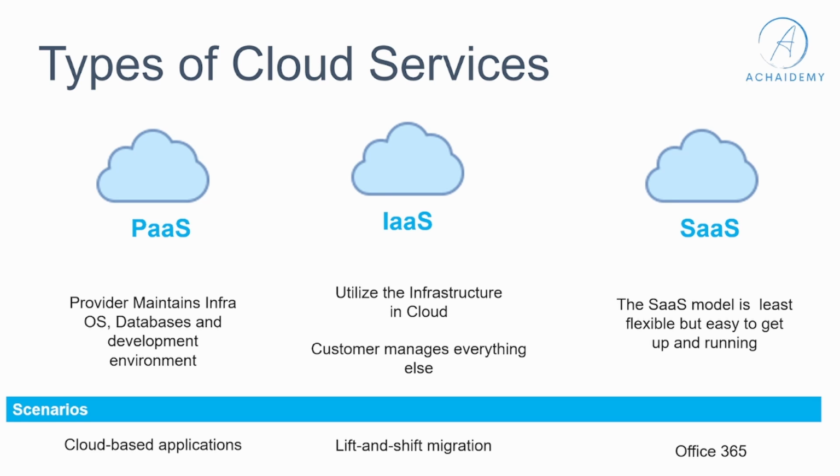Lift and shift migrations, wherein you have an existing on-premise application that you want to move to cloud from an on-premise server to a VM. That's a scenario where you may use infrastructure as a service and do a lift and shift, taking the application which is in the data center and moving it onto the cloud VM, and your business is as usual without much impact on the cloud.